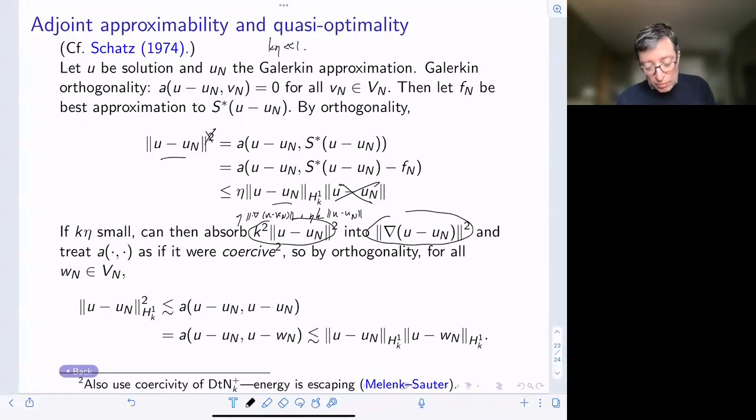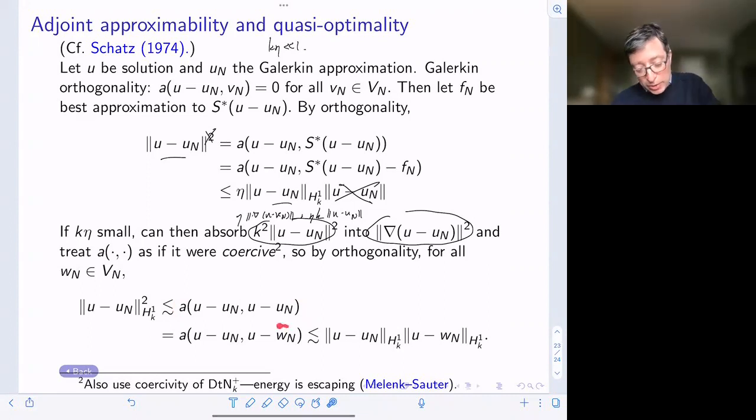And remember, A has a piece that looks like this and a piece that looks like this. Now I've established that one of them is much bigger than the other, that this one's really all that matters. And so I can treat A as if it were a coercive inner product. And if I can do that, then by Galerkin orthogonality, I measure the H1k norm of U minus UN, and if A is coercive, I can use that to give an upper bound for that thing.